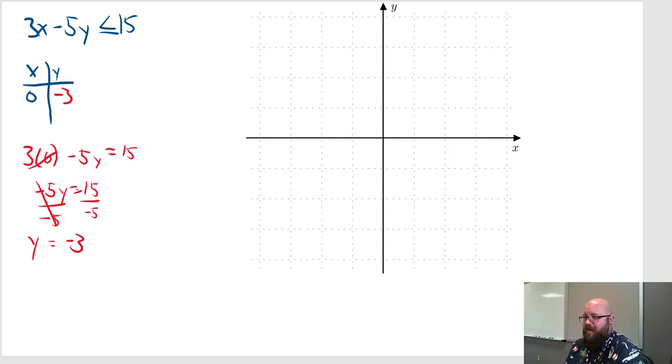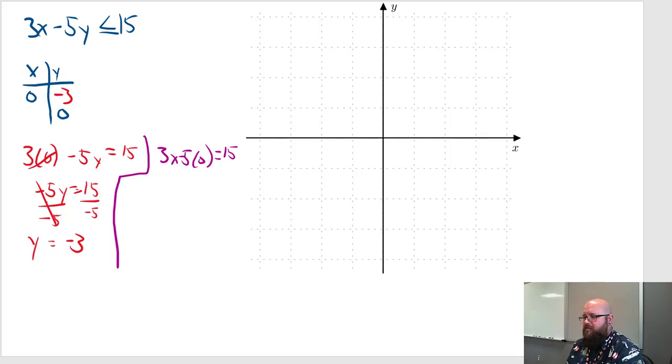Okay, and then to find our x-intercept, we're going to put a y as a 0. So let's do that. We take this same equation and say 3x minus 5 times 0 is equal to 15. We're just solving for x, so no reason to worry about the inequality symbols.